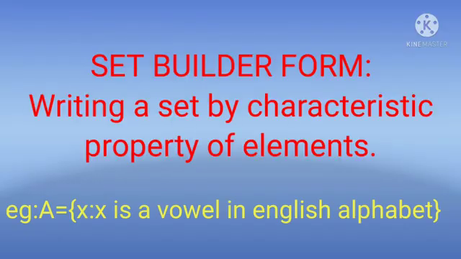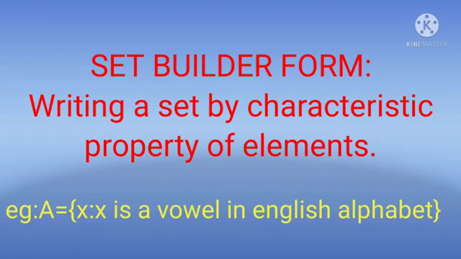Next way to represent a set is writing a set by the characteristic property of its elements. Here we write the character of the elements, whereas in roster form we write the elements only. See the example A. The elements in the set A are all vowels in the English alphabet.